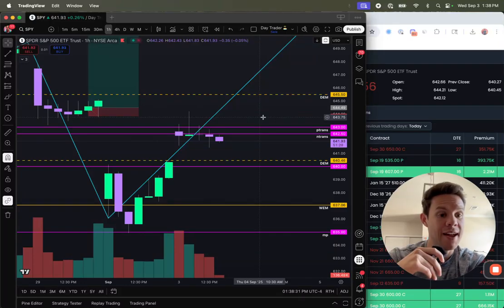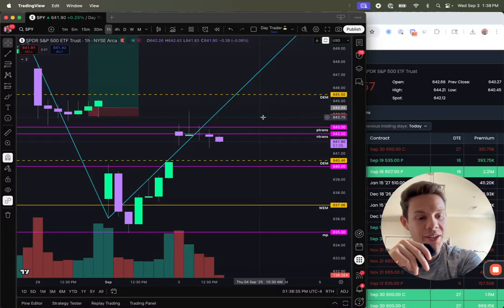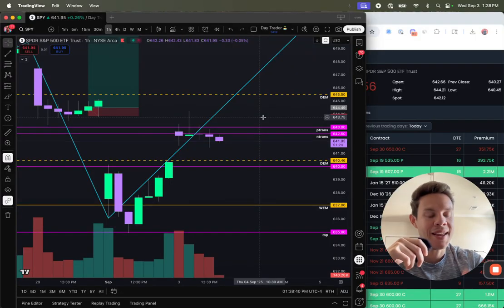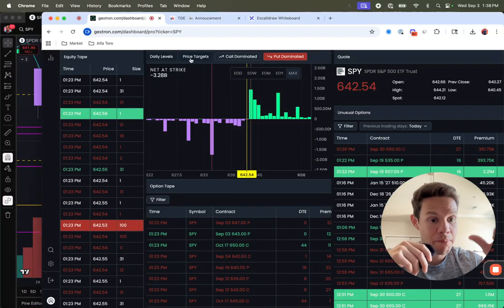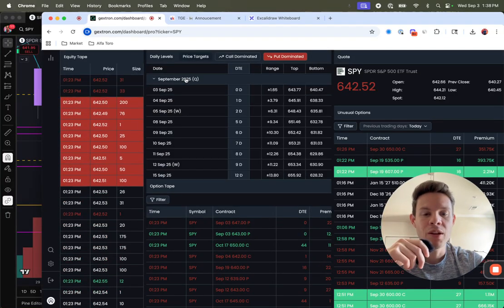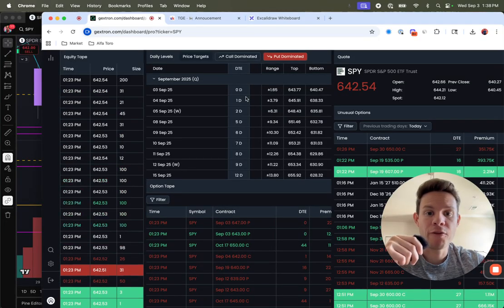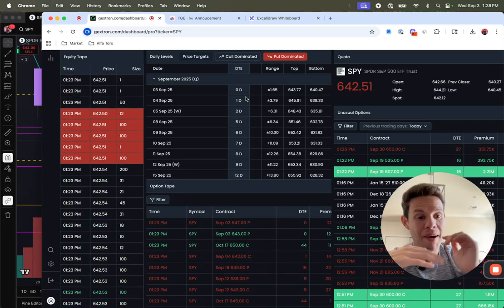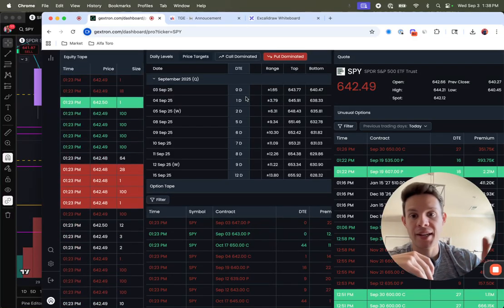But this doesn't take into consideration implied volatility, like what's the market actually anticipating? And Gextron does do that, which is a wonderful thing, because with that and expiration dates, we can combine that together and give you a powerful price range by a certain expiration date based on implied volatility and expiration and all that good stuff.